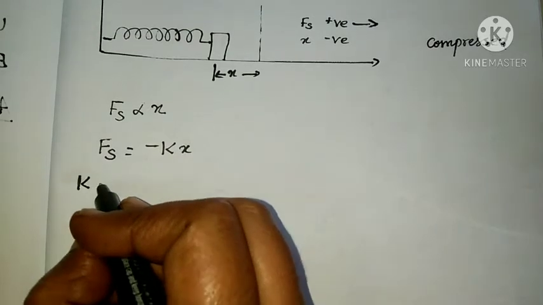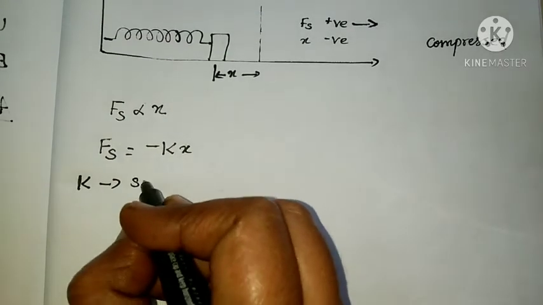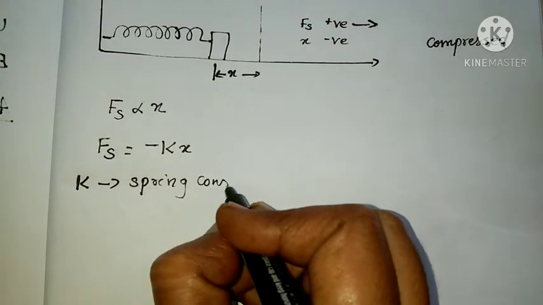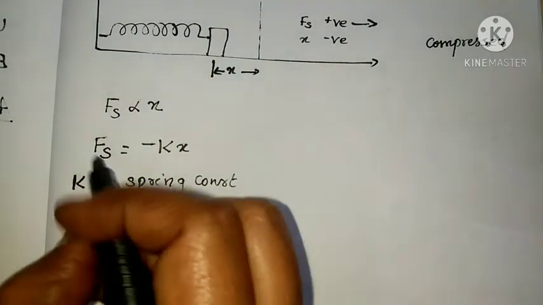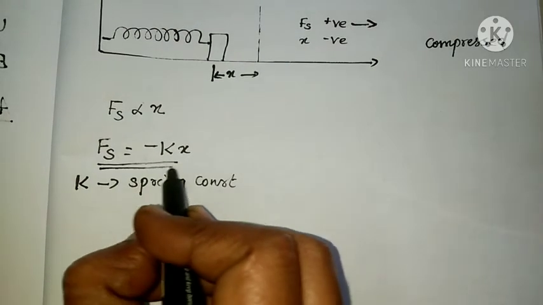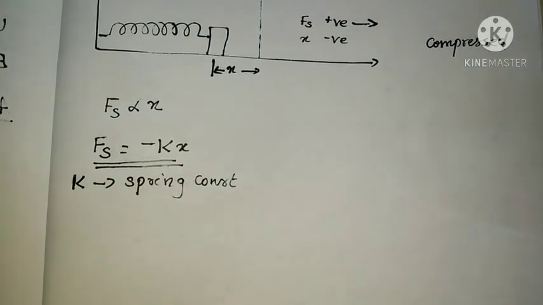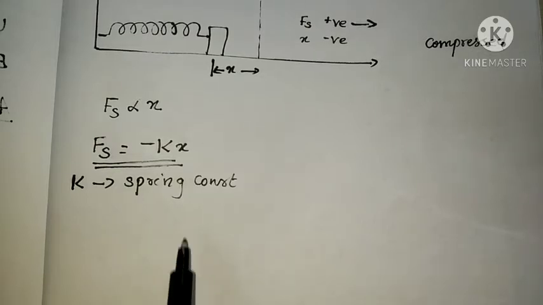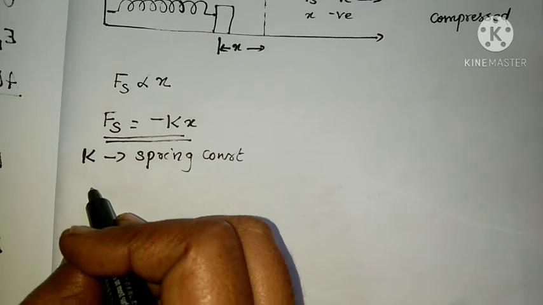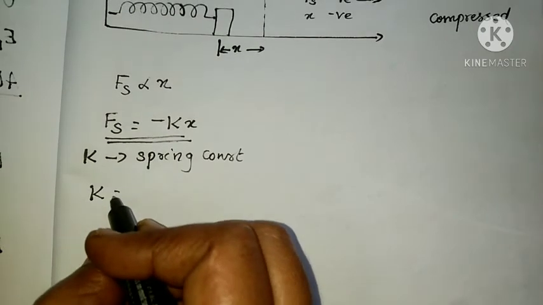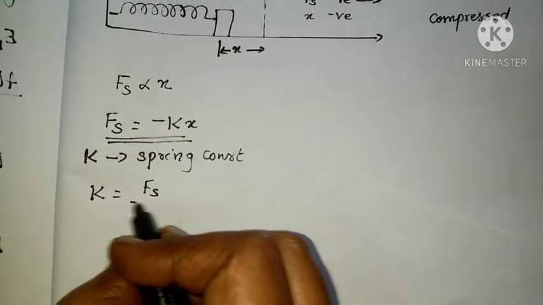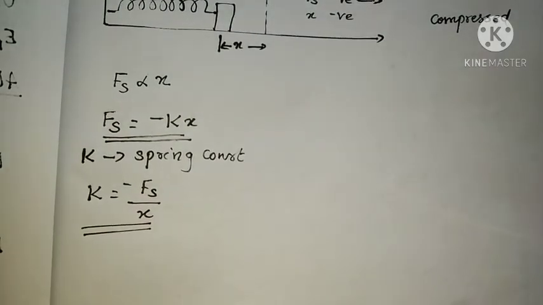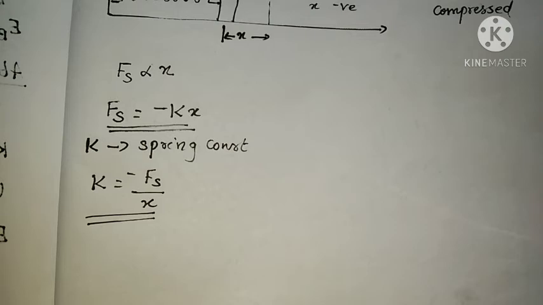So this is the formula, Fs equal to minus Kx, that is the spring force Fs, and K is called the spring constant. So we can write K equal to Fs by x with a negative sign. This is the value of the spring constant, K equal to minus Fs by x.